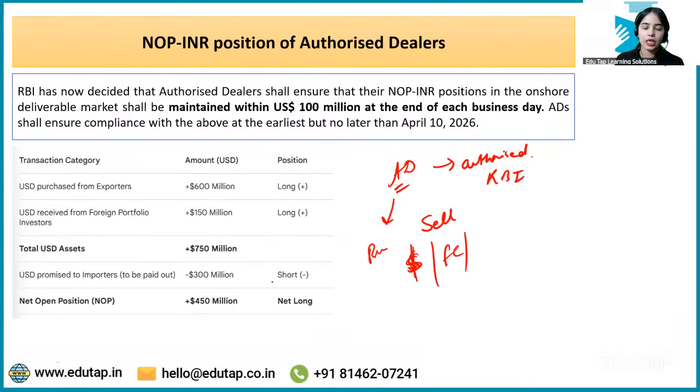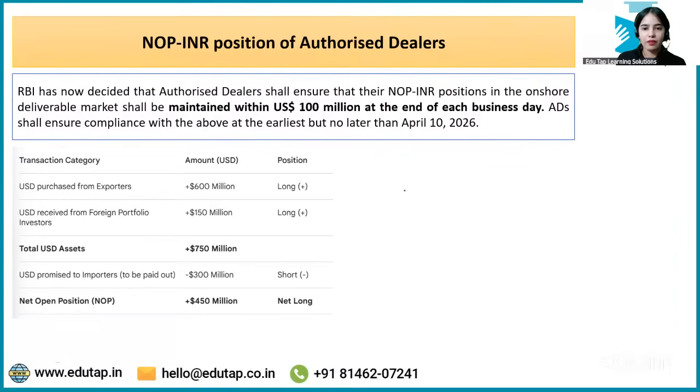Let's say you want to travel to US. From where you are going to get the dollars? From some bank, right? So banks, they are the authorized dealer category 1. So authorized dealers are allowed to buy and sell the foreign exchange, foreign currency. That is the idea.